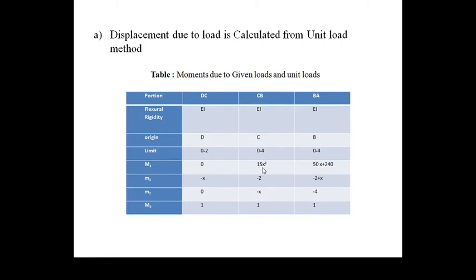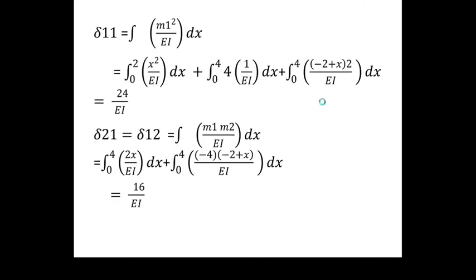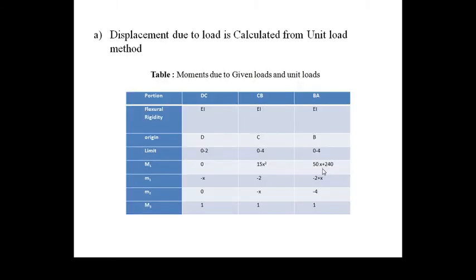How to get this 15x squared by 2? 30 into x by 2, that is 30 divided by 2, which is 15, x into x squared. We are getting this one. How do you get 50x plus 240 for BA? Here 50 plus this value, 50x by 2, gives 50x plus 240.